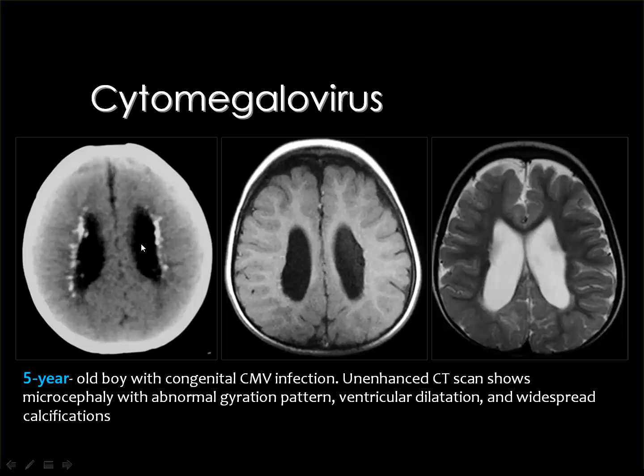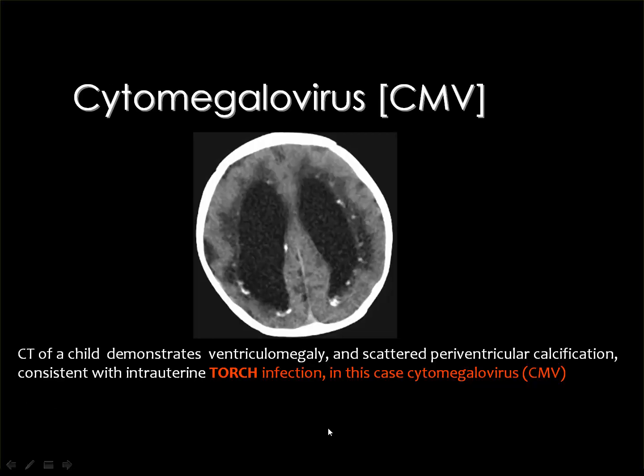If you know from the history that this is a congenital intracranial infection, then you should include gradient images in the protocol. This is very important. And if you see a CT scan like this, with dilated ventricles and periventricular calcifications, either intimately related or not, then you diagnose congenital intracranial infection, the TORCH.